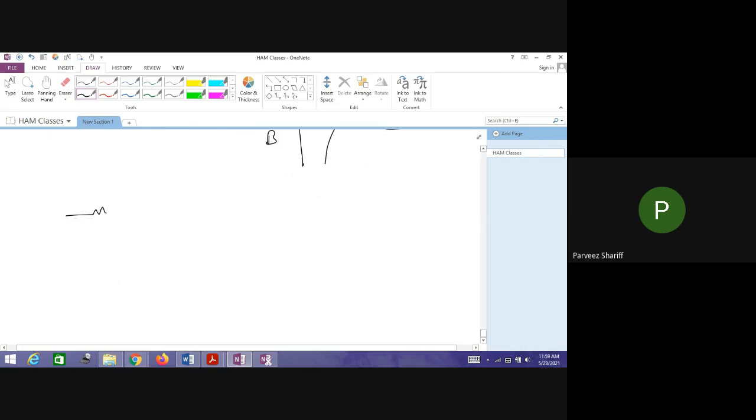Now there is a resistor here. This is R1, R2, R3, R4. Now the question is, what is the total resistance of the circuit?